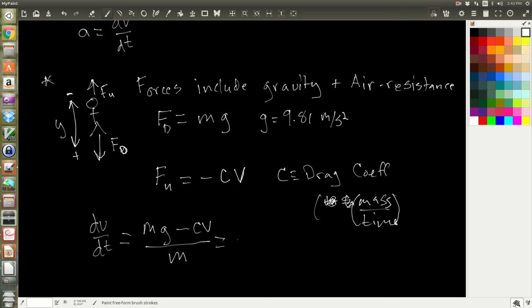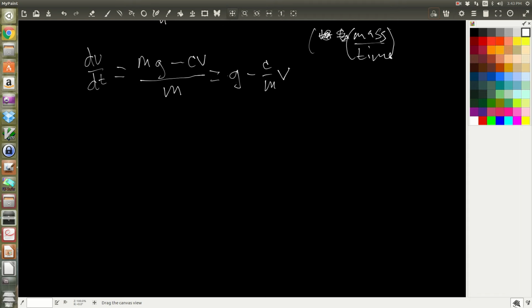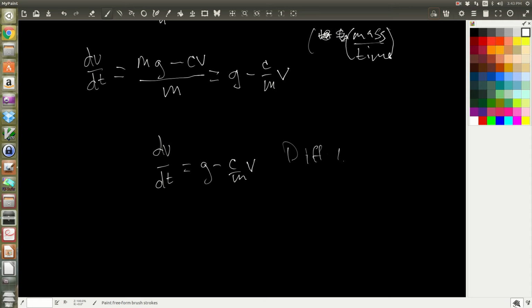We can simplify this and write it as g minus c over m times v. So this is our mathematical model for the falling parachutist, and it's a differential equation: dv dt is equal to g minus c over m times v.